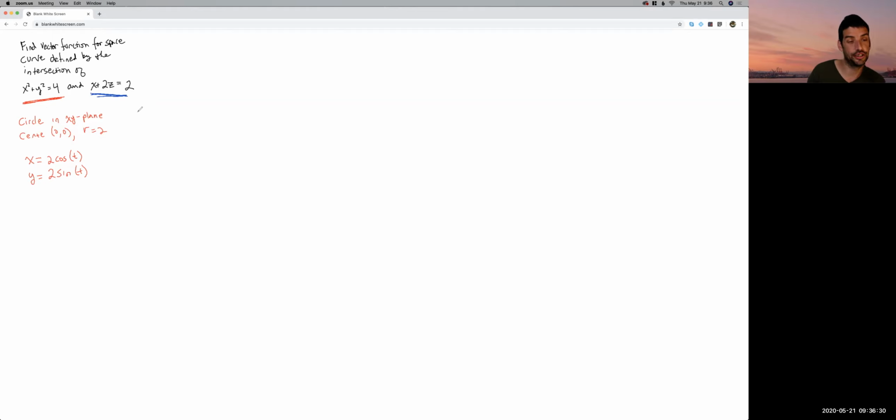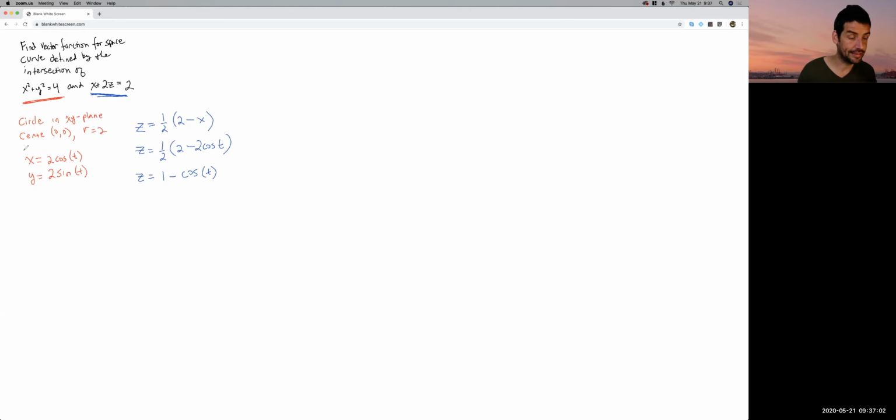So we need this relationship encoded. Well, this is pretty simple to do. If I solve this equation for z, I get z equals 1/2 times 2 minus x, right? But I know what x is in terms of my parameter t. X we just decided was 2 cosine of t. I can now simplify this equation. This is 1 minus cosine of t.